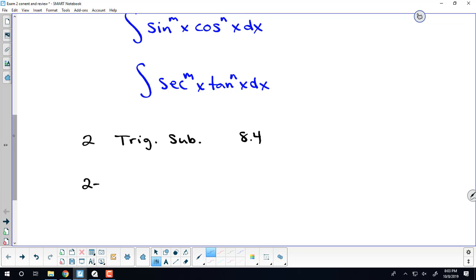I guess there's 2 or 3 partial fraction decompositions from 8.5.